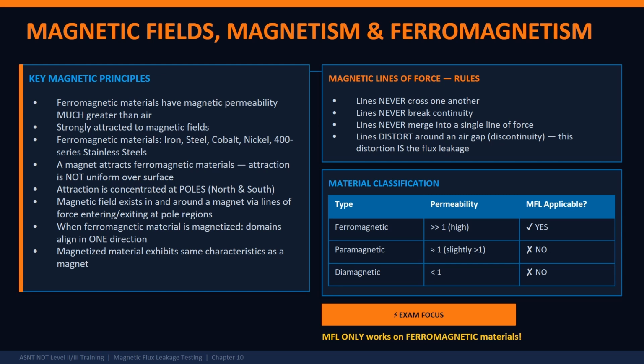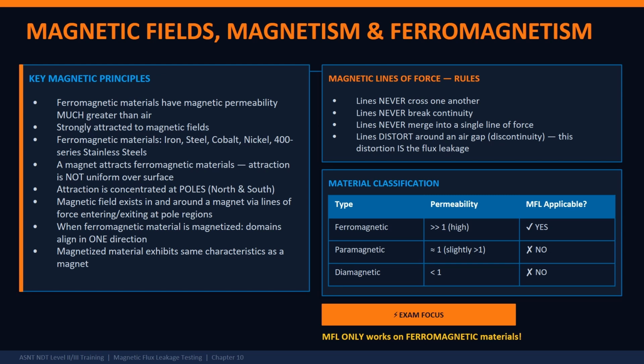No. Copper? No. Titanium? No. 300 series stainless steel? No. This question appears repeatedly in certification exams. Many candidates choose magnetic metals instead of ferromagnetic metals. That wording difference matters.